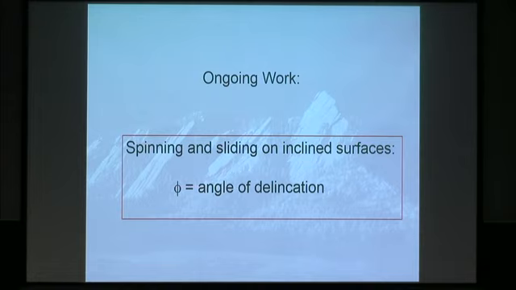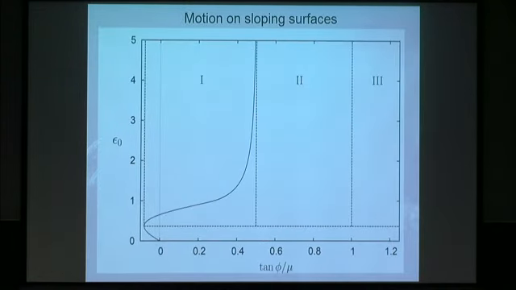Phi is the angle of declination. Okay, that means if phi is positive, you're spinning it downslope. And if I had time, I could pull up this table and we could slide some downslope. You have time. Okay. So here's a summary of all of what we learned up to now. It's still ongoing.